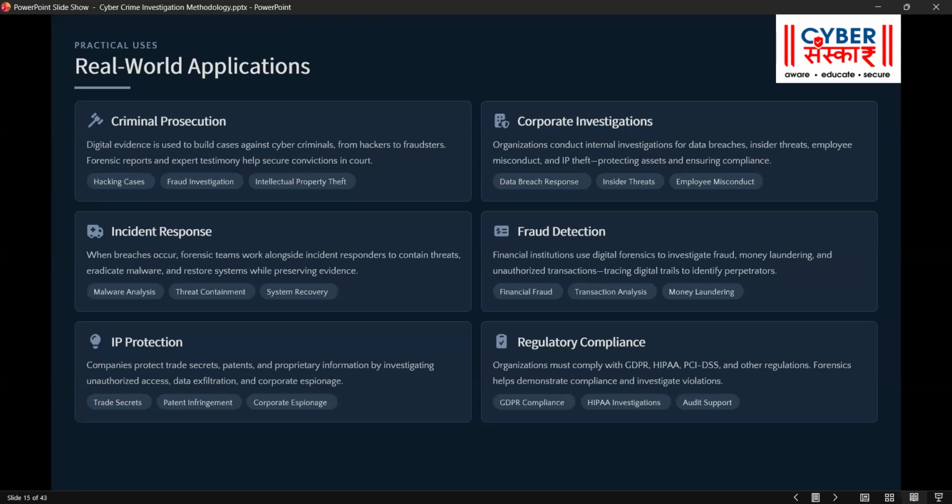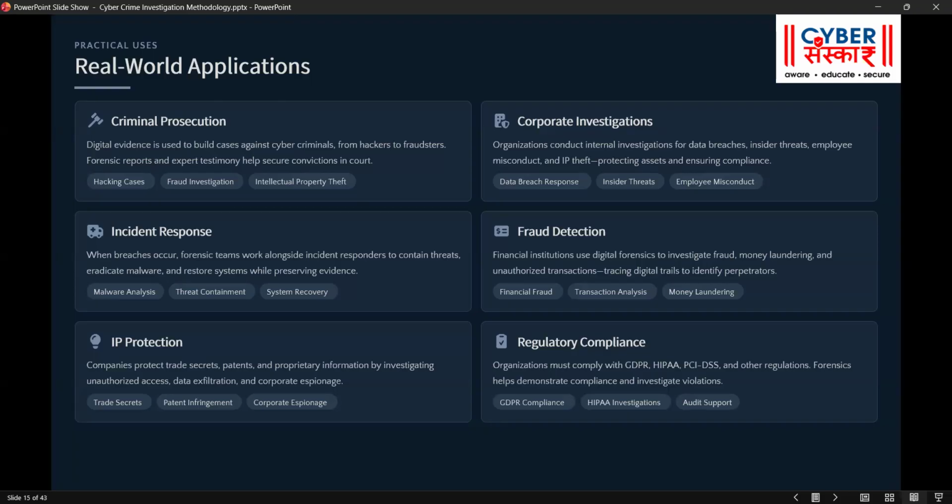When breaches occur, the forensic team works alongside incident responders to contain threats, eradicate malware, and restore systems while preserving evidence. Now, what happens if there is a cyber attack on any organization? Firstly, the ethical hackers employed by the organization or the department will work out how the malware is removed from the system.